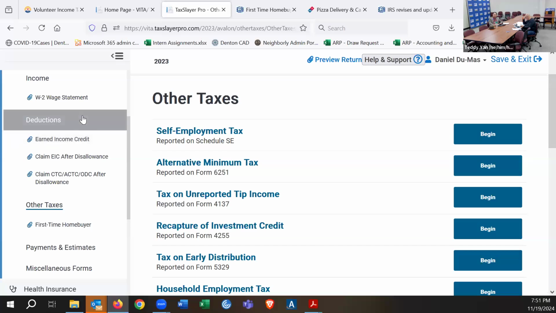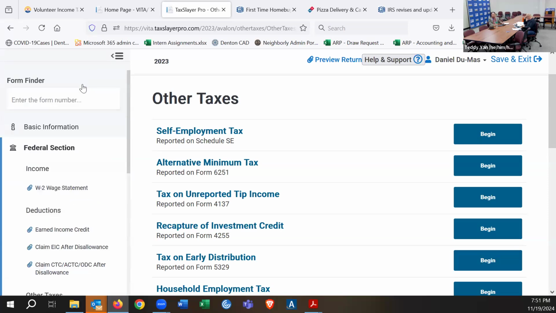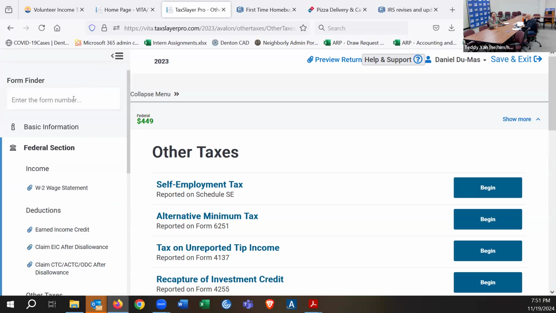All right. Last thing, two more things that we got to worry about. Let's talk about the prior year disallowance of a credit. There's again a couple ways to look at this. You can either go to the deductions menu and the credits menu after that, and then there will be a section for claiming earned income credit or other credits after disallowance.